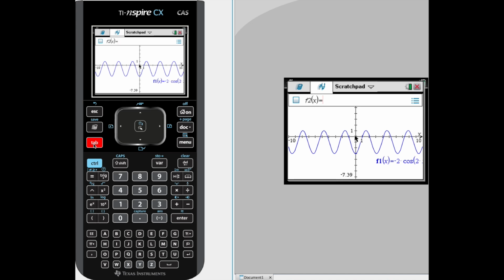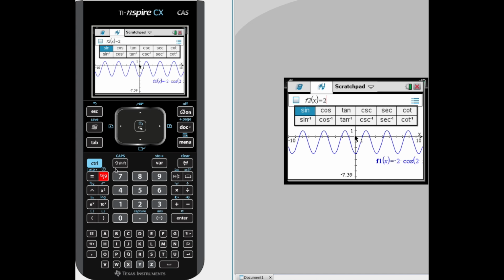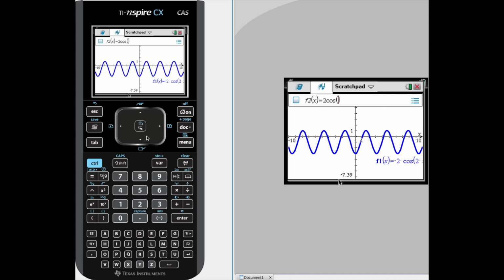The next version of this equation that we came up with to model that given graph was 2 cosine of 2, open up another set of parentheses to get it exactly in the format I wrote on the board, x minus, control divide, get that fraction window opened up there, pi over 2, minus 1.